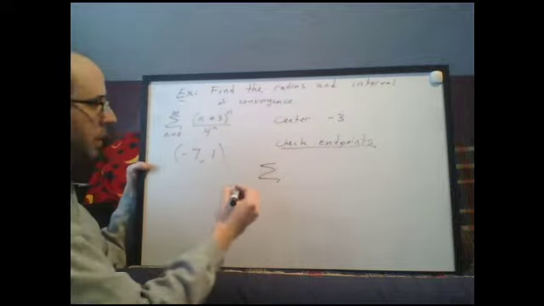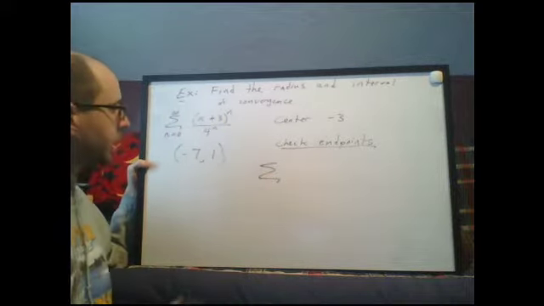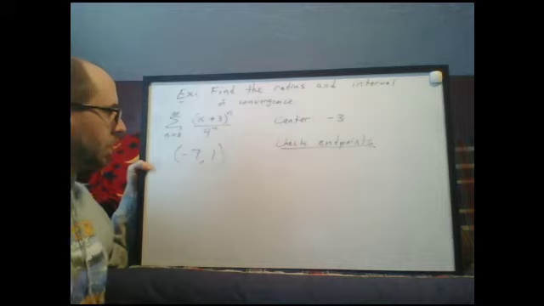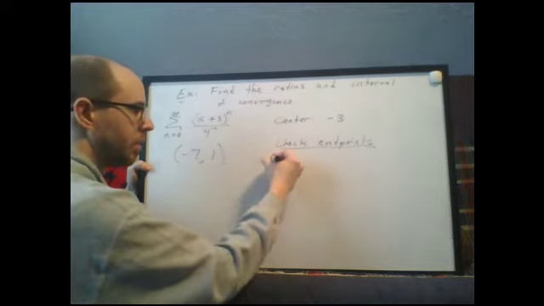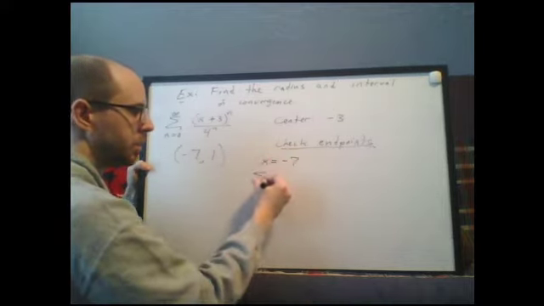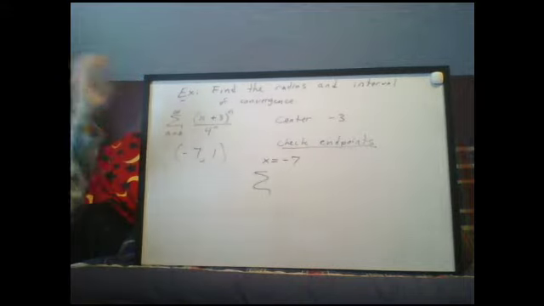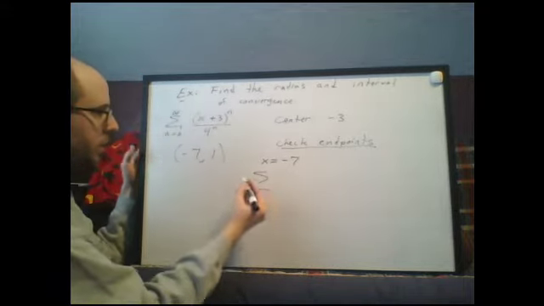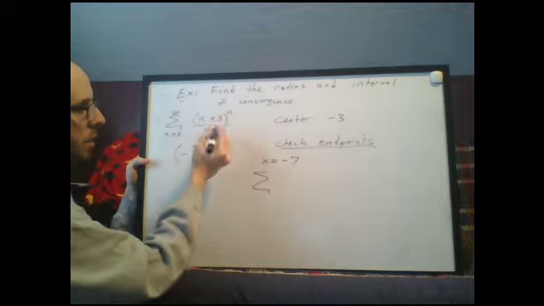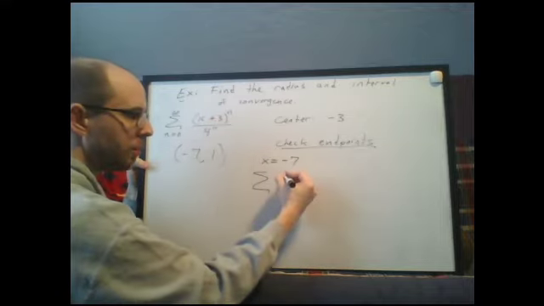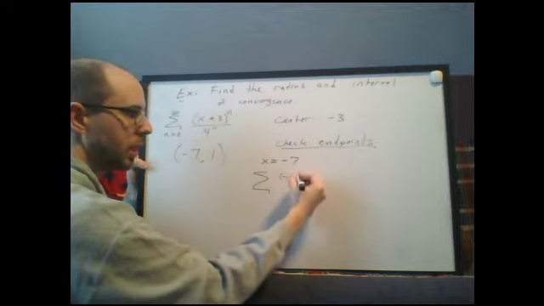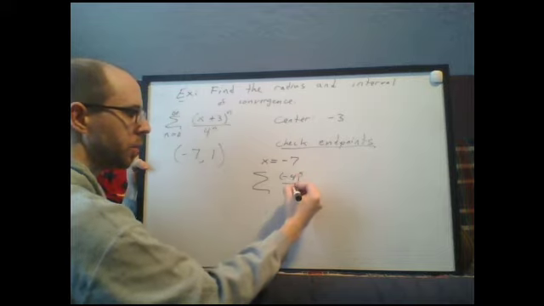So if I plug in x equals -7, my series would be -7 plus 3 would give me -4 to the n, divided by 4 to the n.